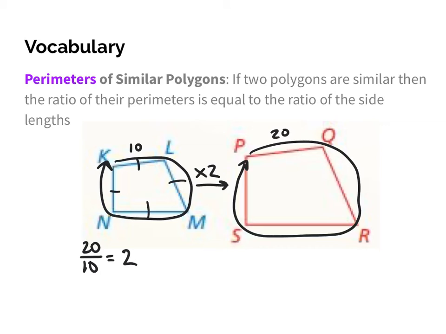So if this perimeter was 100, the perimeter of the second shape is going to be twice as big, so 200. So the ratio of the perimeters, I'll write P big compared to P small, P for perimeter, is going to equal the ratio of any two sides. For example, here I did PQ to QL.